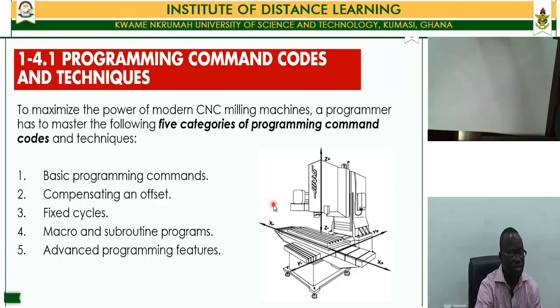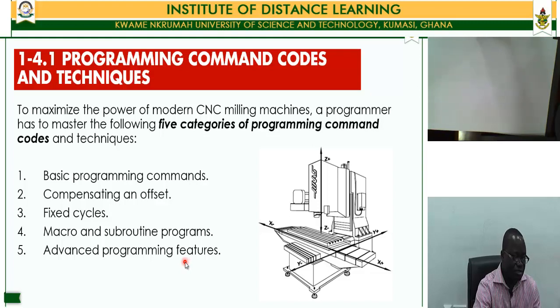Now we're going to look at the programming command codes and the techniques for these CNC mills. To maximize the power of a modern CNC milling machine, if you are a typical CNC machine programmer, you have to master the following 5 categories of programming commands, codes, and techniques.